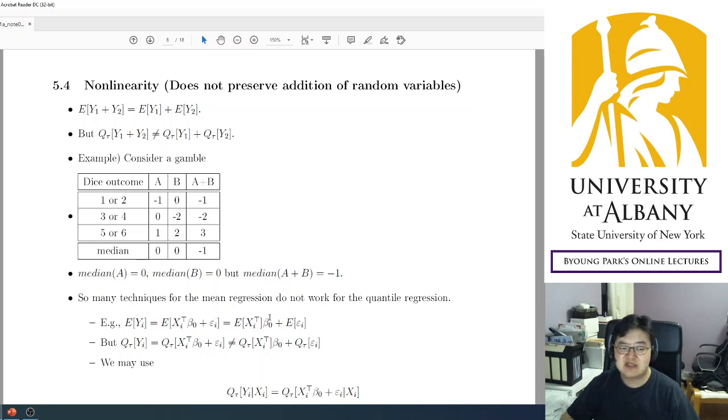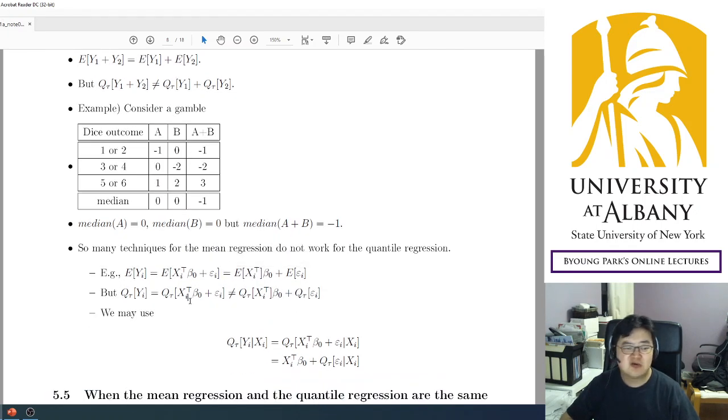Quantile regression does not have this kind of expansion, so it does not work. This tool is broken, so it restricts quantile regression in many dimensions. Instead, the quantile operator has a similar equation like this. Conditional on x, this part is non-random, because when x is given, it is not random anymore. And beta is non-random, so this is a constant.